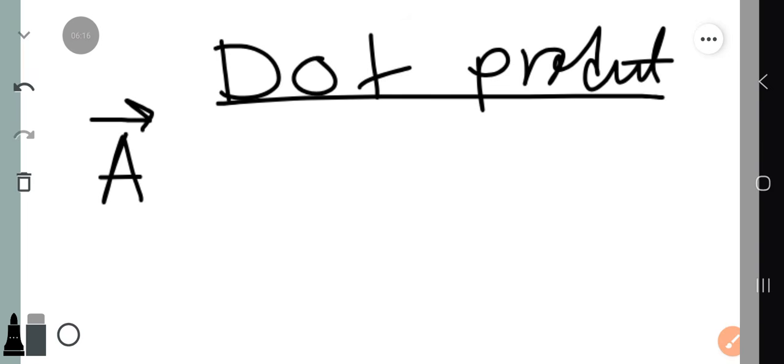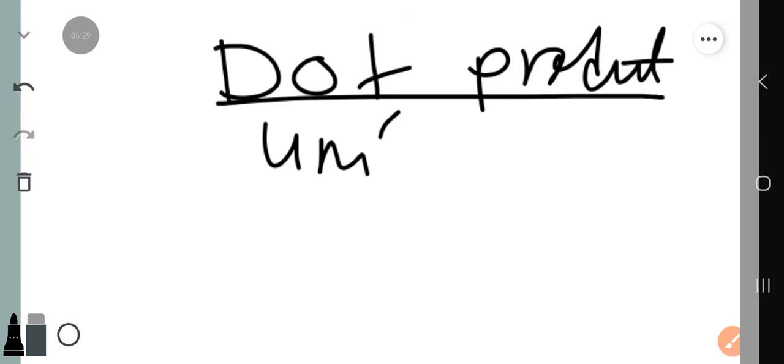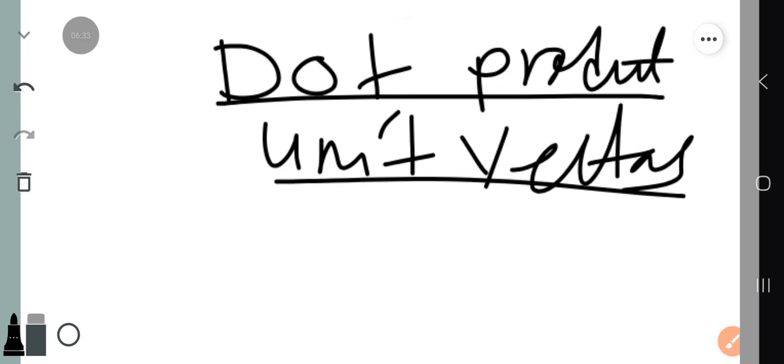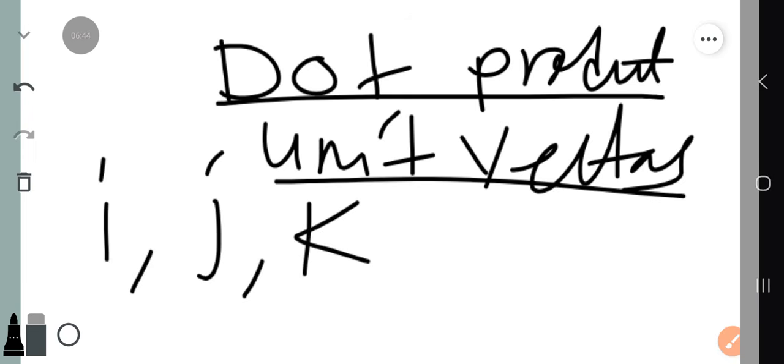Now, before I talk about this, do you remember in grade 12 that we have unit vectors? I'm going to cover most of the things under today's lesson. Unit vectors: remember, I said we have I, J, and K, right?